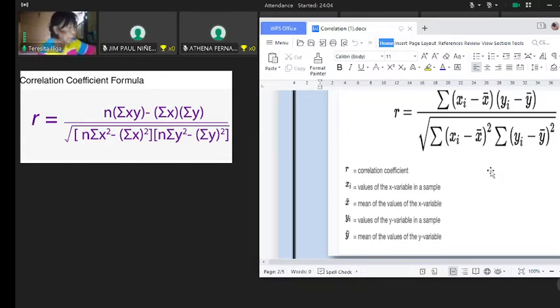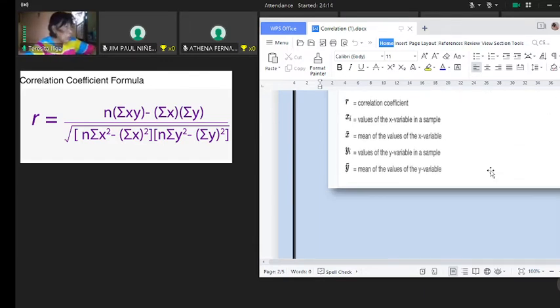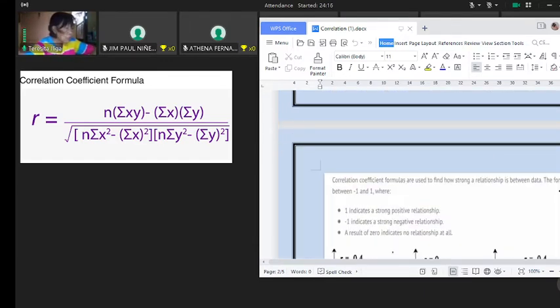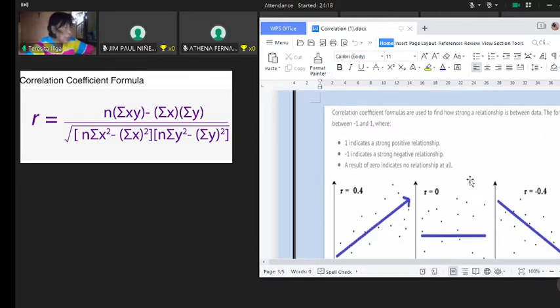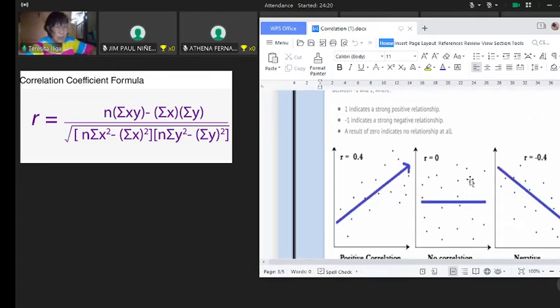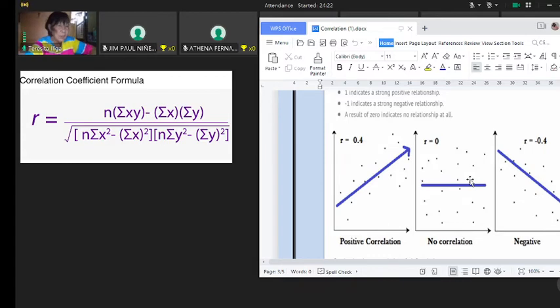In the first graph, you can see that the arrow is going up, and it is specified, as an example, that the correlation coefficient of the first graph is a positive correlation. Why is it positive? Because it is going up to the right. So it is a positive correlation, which shows that if one variable is increasing, the other variable is also increasing.